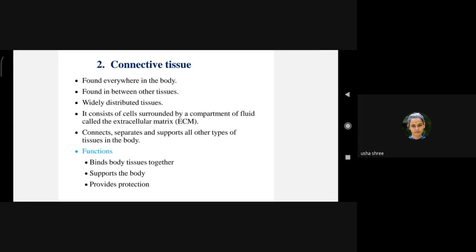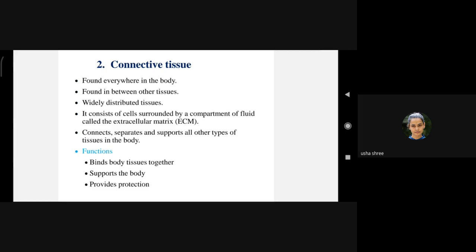And it is found in between different other body parts. They are widely distributed tissue. It consists of cells surrounded by a compartment of fluid called the extracellular matrix. Like in between two different cells, we can find extracellular fluid or extracellular matrix.